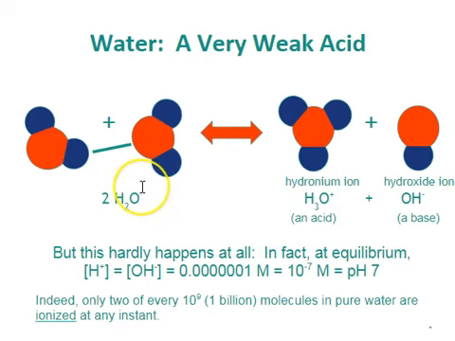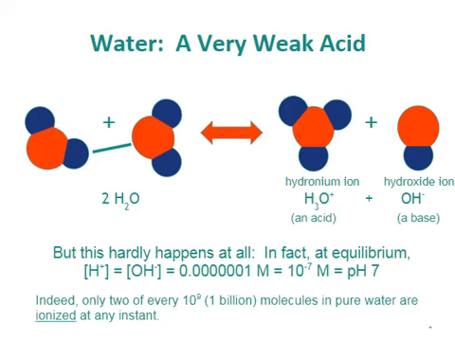Only two out of every billion molecules of pure water will ionize or dissociate into hydronium and hydroxide ions. Because water doesn't dissociate that often, it's a very weak acid and would not be good at counteracting the effects of the addition of H's or OH's to a solution.